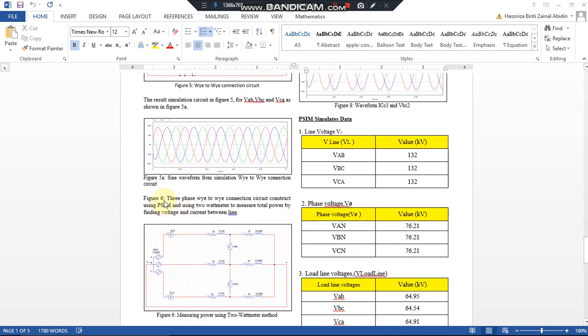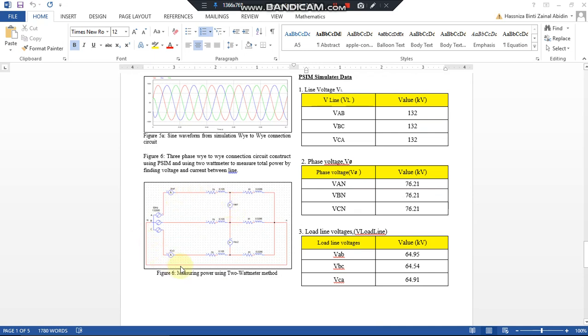Now figure 6 is the three-phase Y-Y connection circuit constructed using PSIM with 2 wattmeter to measure total power by finding voltage and current between lines. This is the constructed circuit of the 2 wattmeter method for measuring the power.